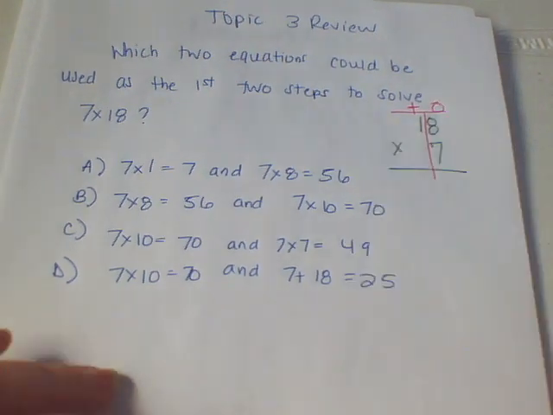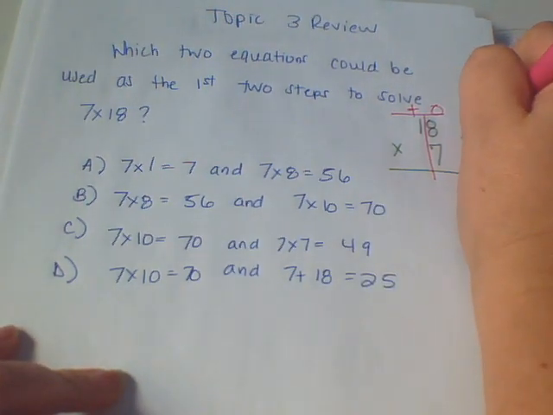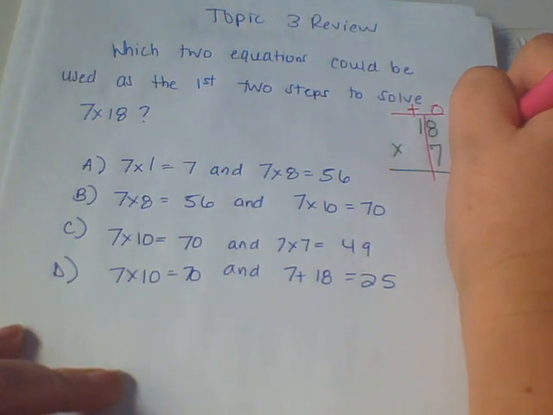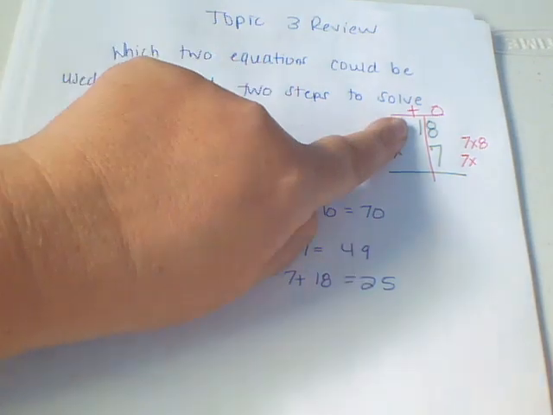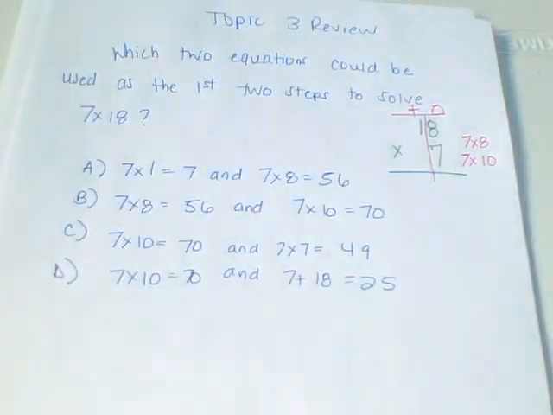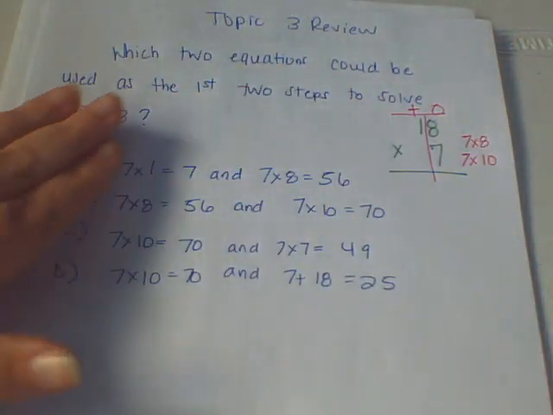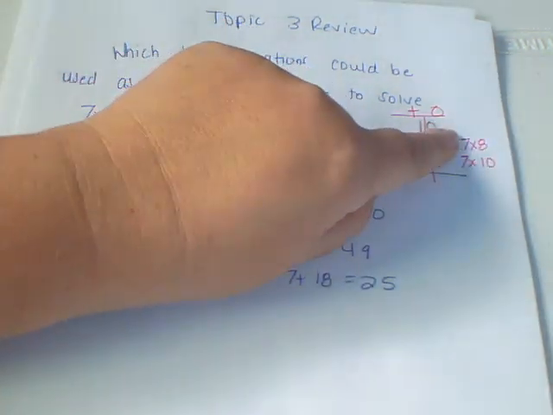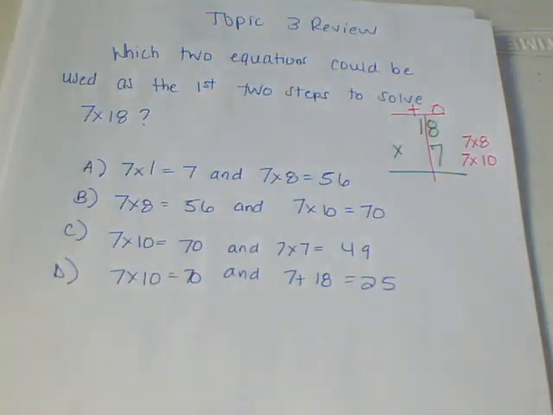So I know I'm going to have 7 ones times 8 ones. And I also know I'm going to have 7 times 10 for my 1 ten. So I have to find something down here that shows me 7 times 8 and 7 times 10. If I don't see that, that's not going to work for me.